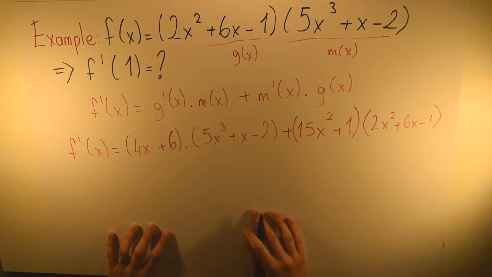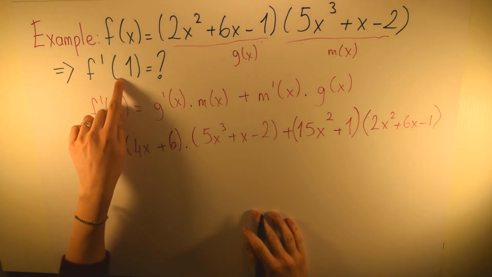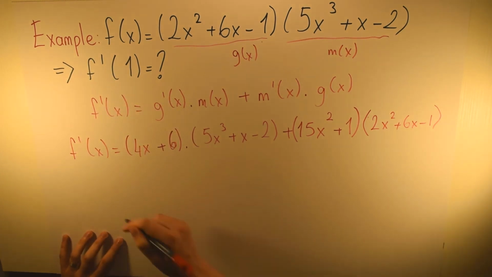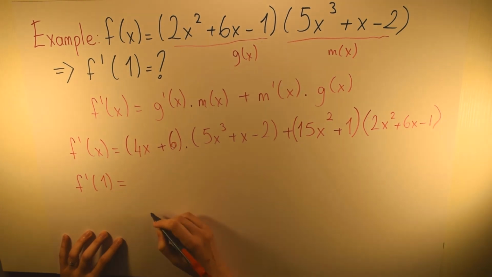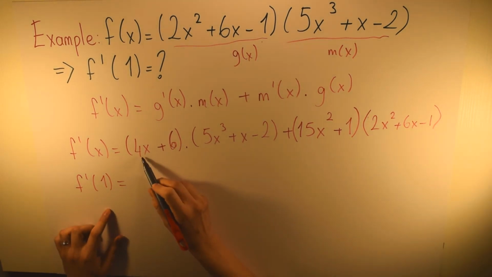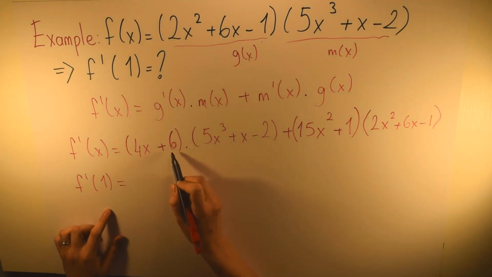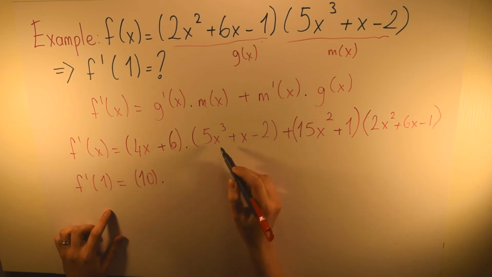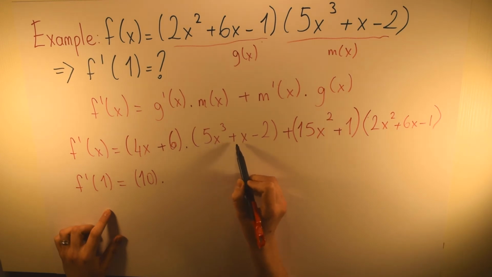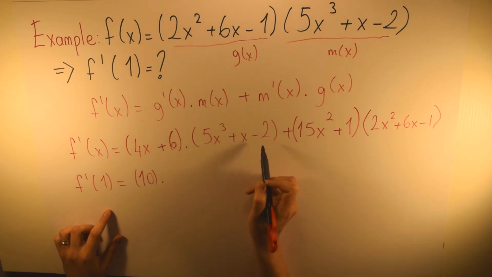Okay, so what was the question? It was the derivative of f of 1. So let's put 1 instead of x here. So when I put 1, it's 4 times 1, 4 plus 6, it's 10. 10 times, when I put 1 here, it's 5 plus 1, it's 6 minus 2, it's 4.